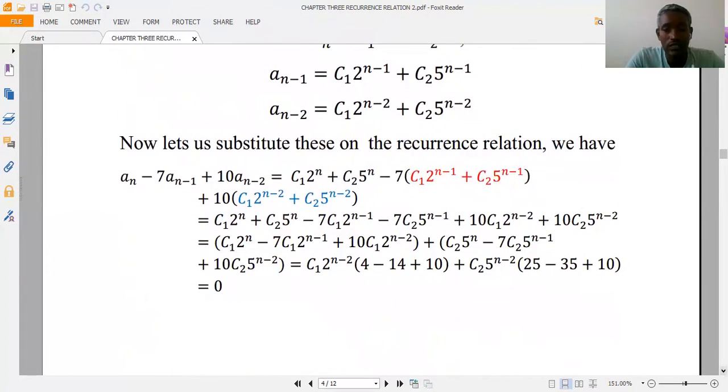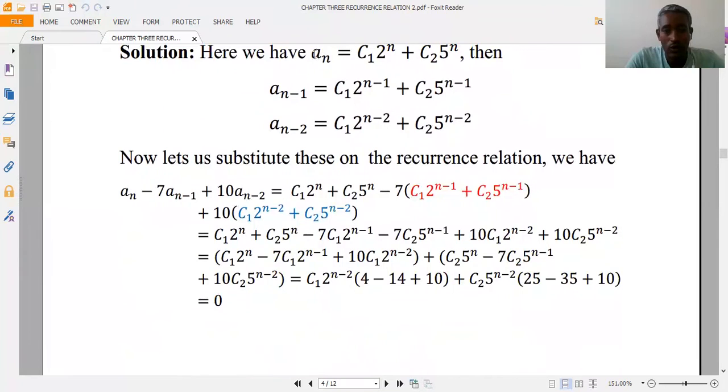Now substituting these terms into the recurrence relation, we get the following. Substituting the an term, the an minus 1 term, and the an minus 2 term, you get this one.